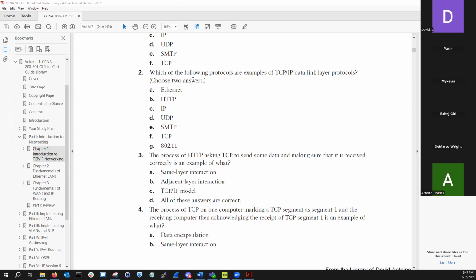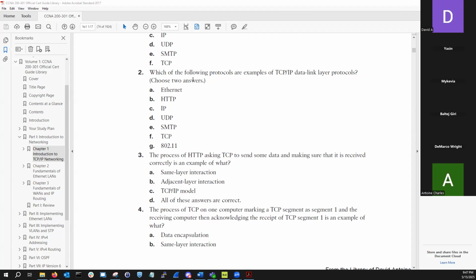HTTP lives at layer 7, application. TCP lives at the transport layer, layer 4. If the process of layer 7 is asking layer 4 to send some data, I'm not interacting with a protocol at the same layer, am I? No, it's not the same protocol.